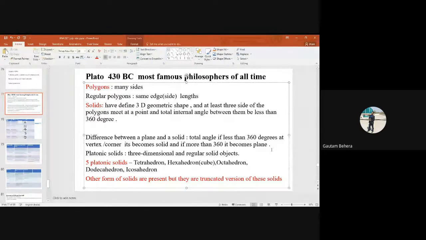Suppose you take squares. If you take 4 squares, they'll make a plane. You join them at the vertices, right? And you can measure the angle also. But if you take 3 squares and put them at a vertex, in the form of a cube, a cube is a solid, right?